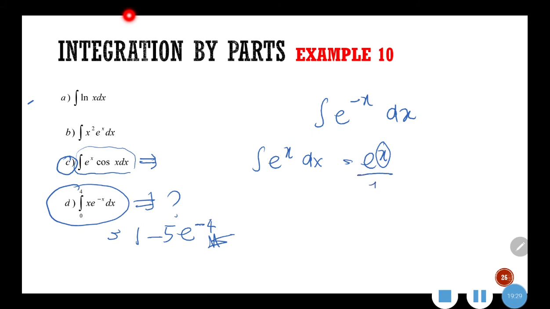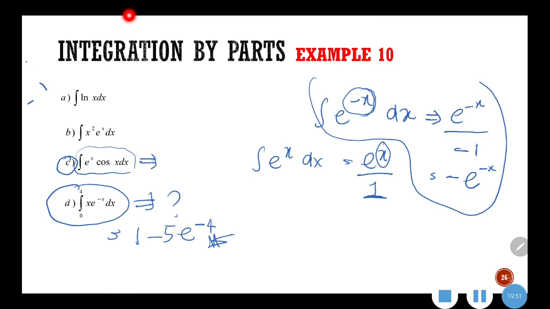Actually, we divide by 1. Okay, so yang ni sebenarnya e to the power of negative x divide by the derivative of the power. So derivative of the power negative x with respect to x, you get negative 1. So maknanya integrate this, you get negative e to the power of negative x.